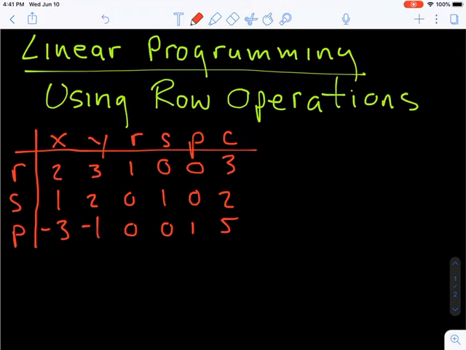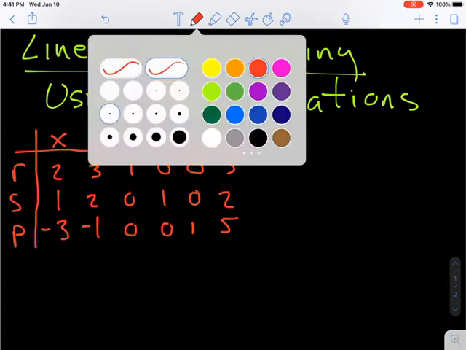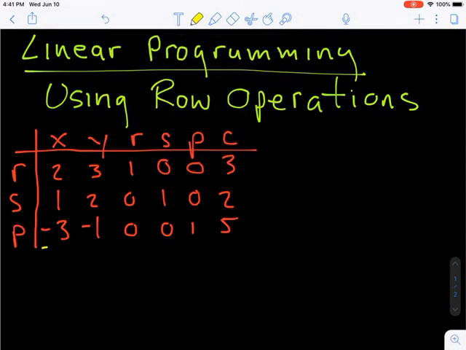And we realize that this table is not a solution to our linear programming problem because of the fact that we have negative numbers in the bottom row. If you have negative numbers in the bottom row, then this table does not represent your solution.